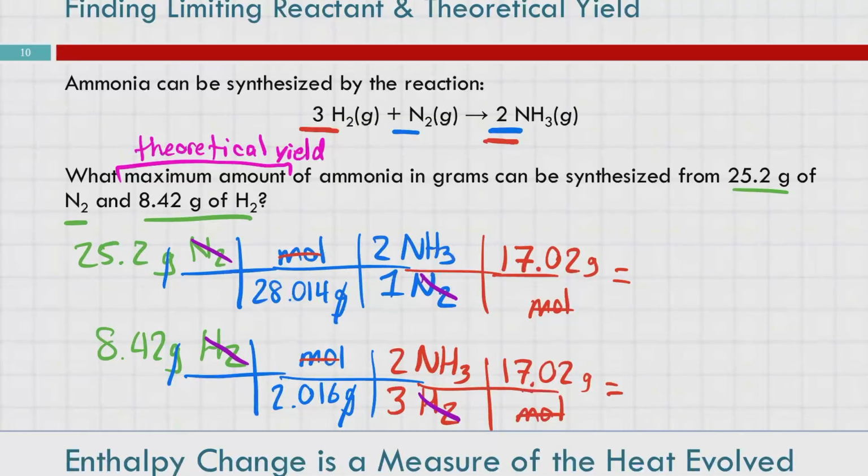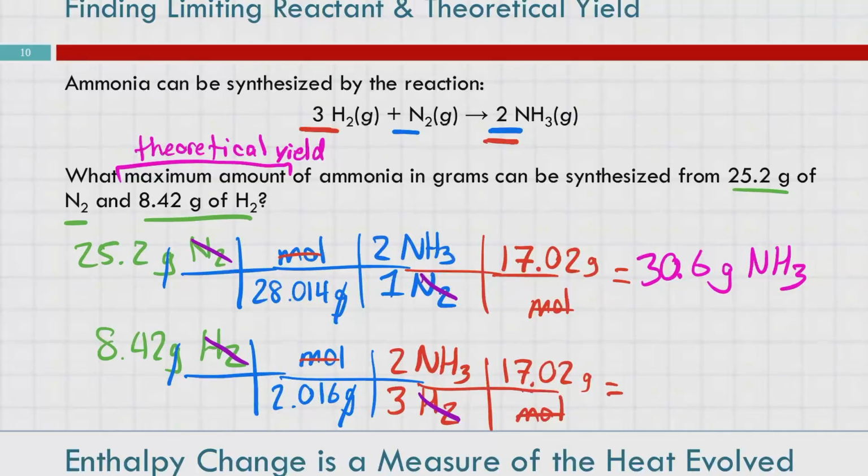So we get to plug a bunch of numbers into our calculator. So for the first one, 25.2, I'm putting in times 2 times 17.02, and then dividing by the 28.014. We get out 30.6 grams NH3.